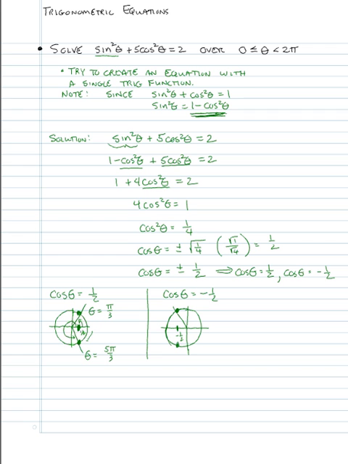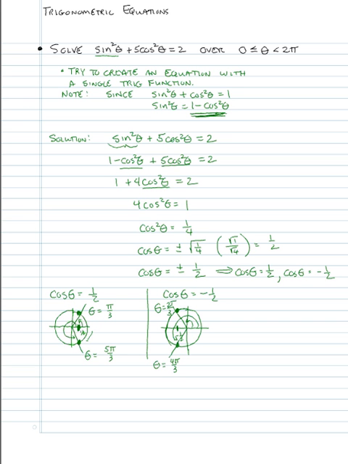So we're talking about either this angle or this angle. Now, this angle at the top would be where theta is equal to 2 pi over 3. And this angle at the bottom would be where theta is equal to 4 pi over 3.